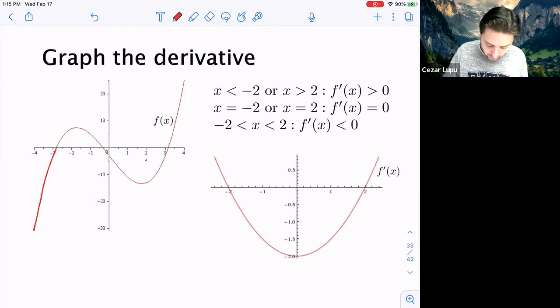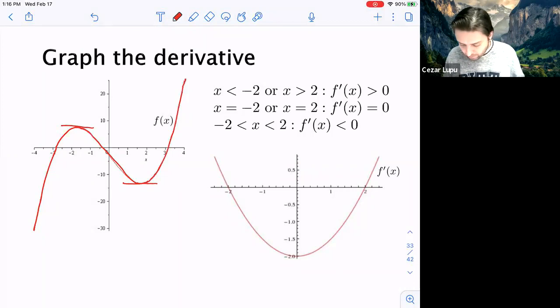It passes through some point here, and somewhere here it will flatten, and it will go down. So the graph falls. At some point, it will flatten here as well, and then it goes up. So the graph rises as well. Let's see at what point it's flattening. It's somewhere here at 2, and here it's -2.